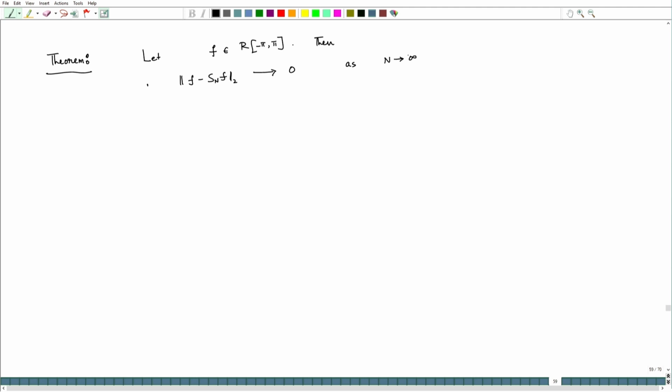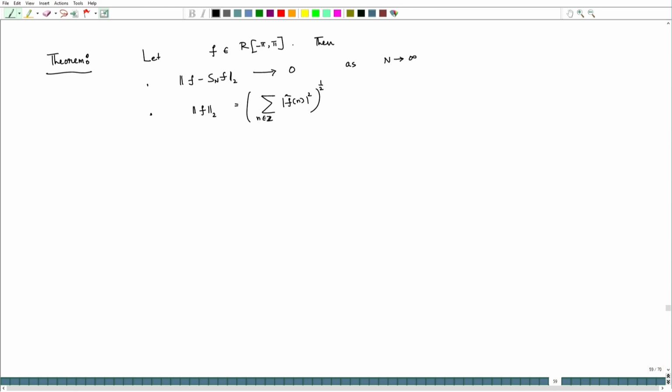In other words, the partial sum converges to f in the mean square. And secondly, we get that the 2-norm of f is equal to the summation over n in Z of |f hat(n)| squared, whole to the power 1 over 2.